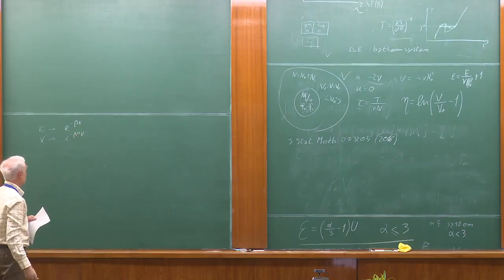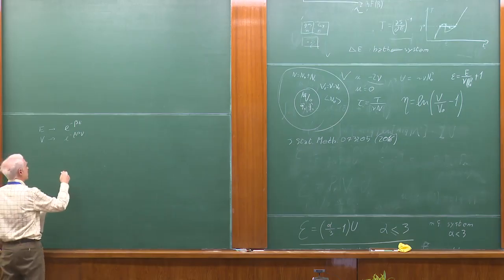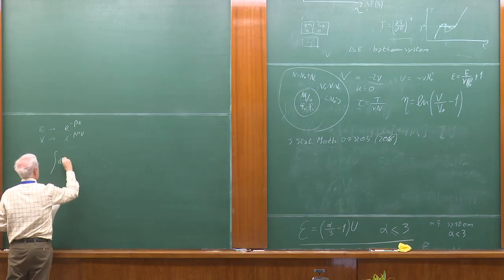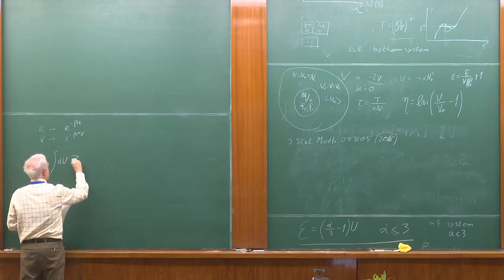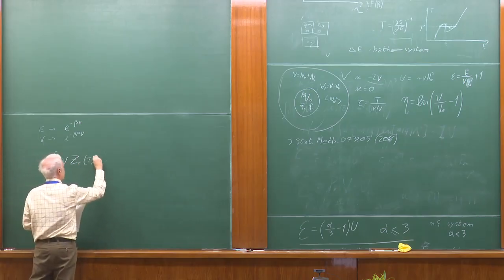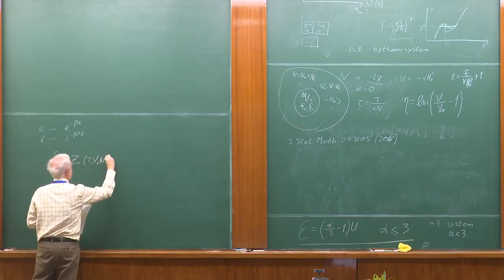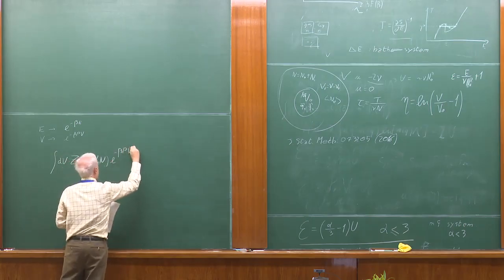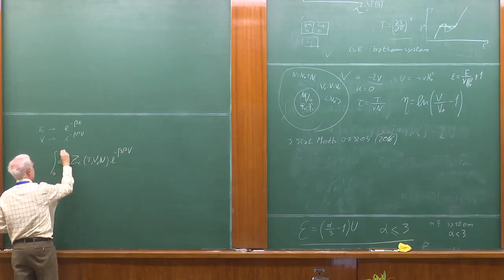So practically, what do you do when you consider also a fluctuating volume? You take your canonical partition function, which is a function of T, beta, and the number of particles. You multiply this by this and integrate over the volume from 0 to infinity.